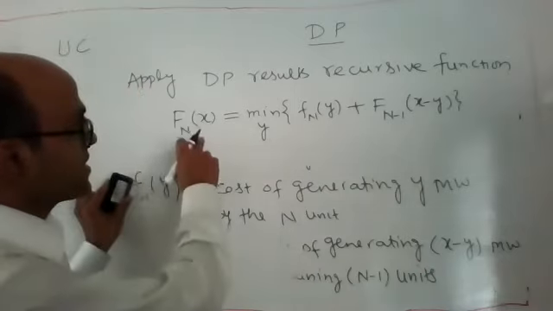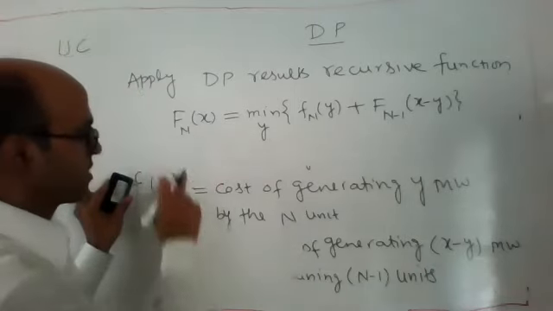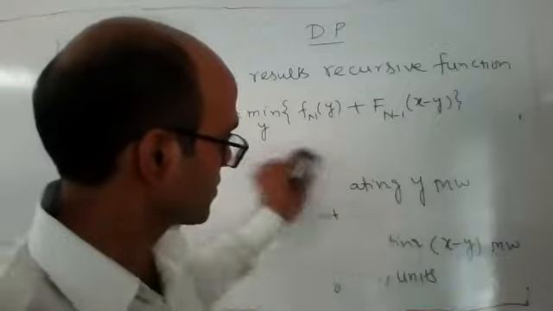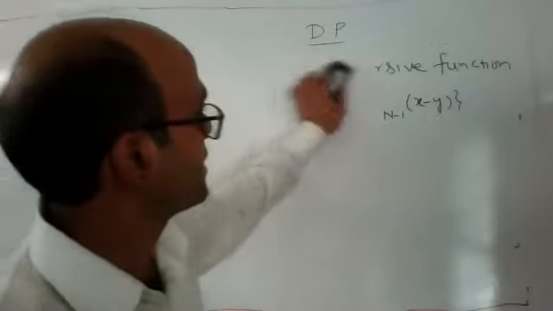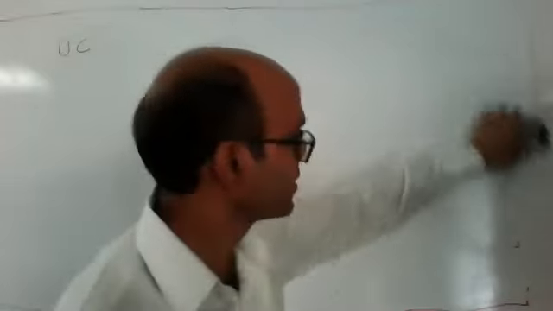To illustrate how we minimize this function, let us consider 4 generating units. So this is an example.